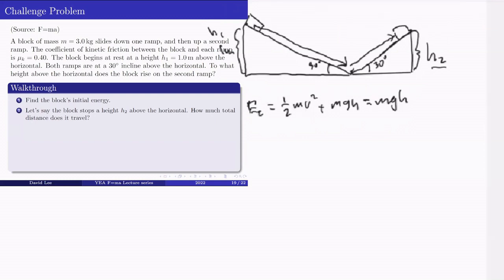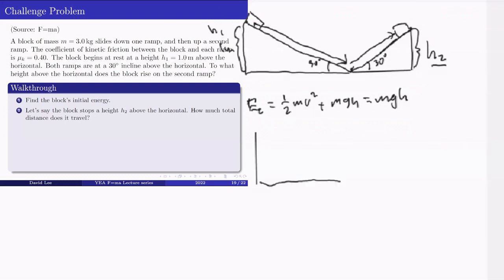Okay, so it's been a few minutes, so let's talk about this. We want to find the total distance it travels. What we have here is basically two triangles.